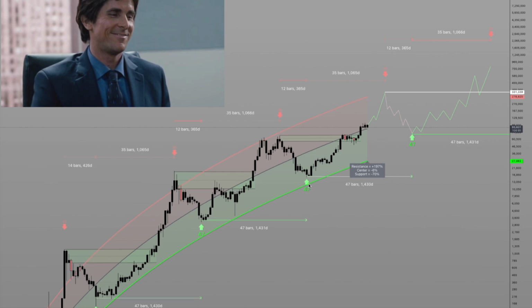That's 47 months, by the way. So from here to here, 47. From here to here, 47. And from there to there, I'm looking at 47 as well. So that will just line us all up. And the next run, I'm expecting it to push up high. We could see 1 million. So before 2030, we could see Bitcoin at 1 million. So anyway, hope this clears it up.